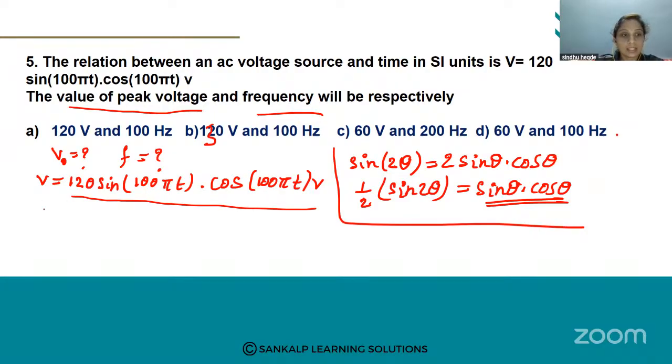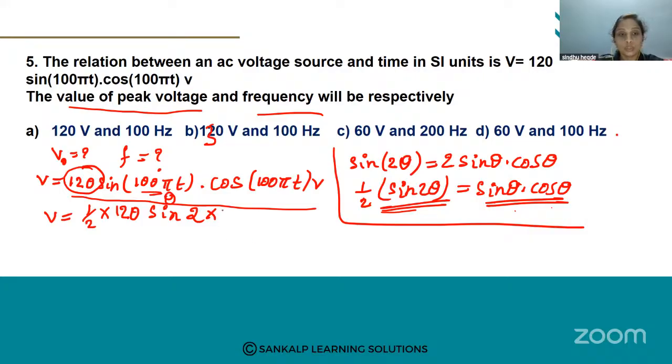Let me compare now. V is equal to, first let us consider sin 100πt cos 100πt, which is in the form of sin θ cos θ. So we have to write it like this: half into 120 sin 2 into what is the value of θ here?